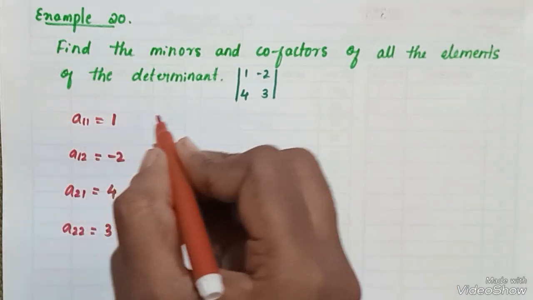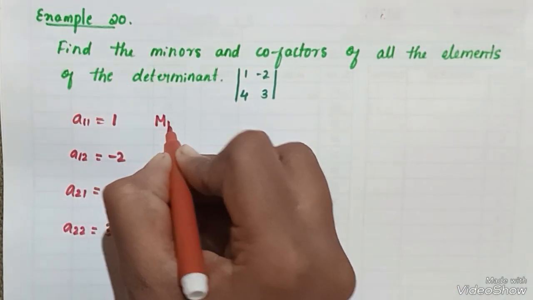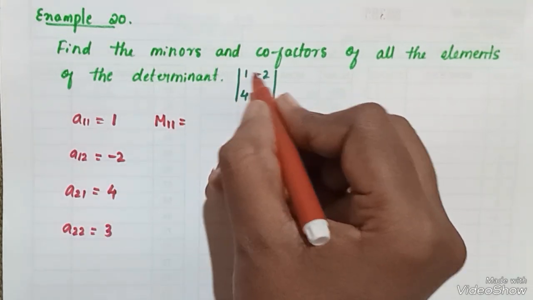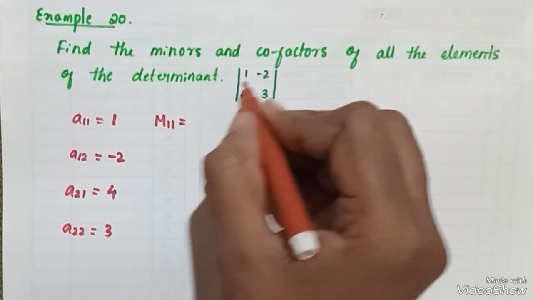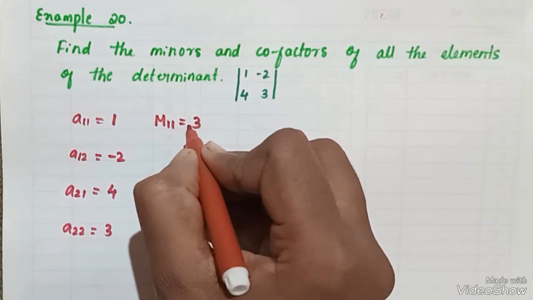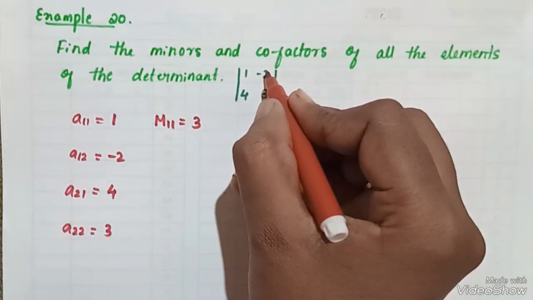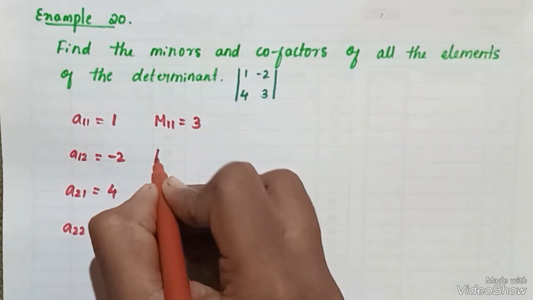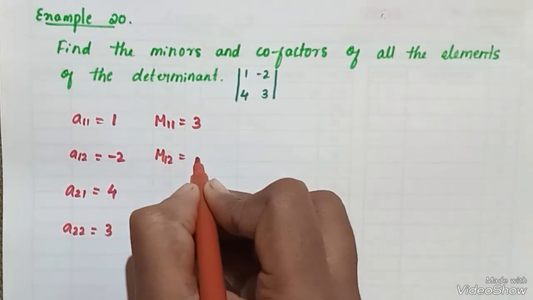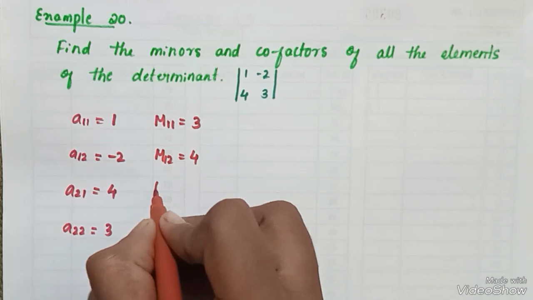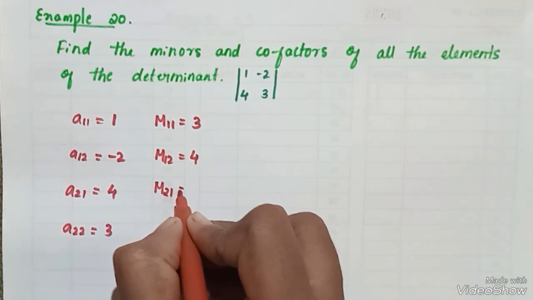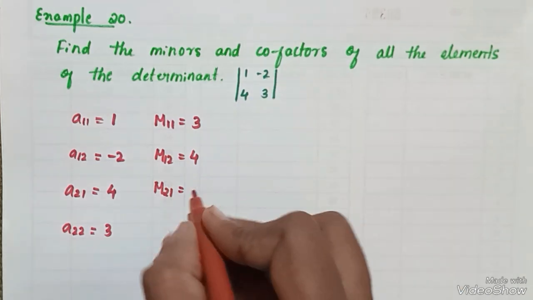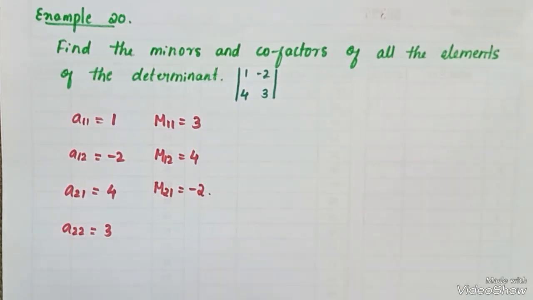Now finding the minors: M11, neglecting the first row and first column, is 3. For the second element, neglecting its row and column, the minor is 4. For M21, the minor is minus 2.